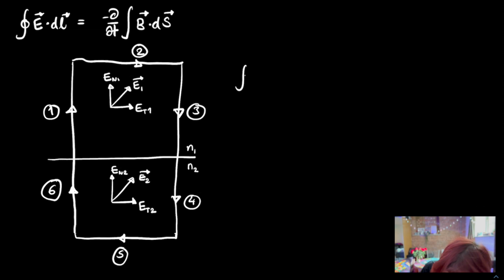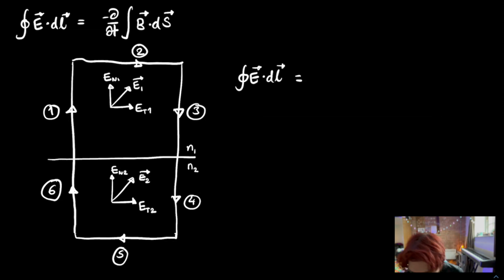So the closed loop integral of E dot dl is equal to the sum of all of these different parts right here. Now we have an electric field that's normal right here, but that is both parallel to 1 and 3. But these two paths are equal in length, but opposite in direction.